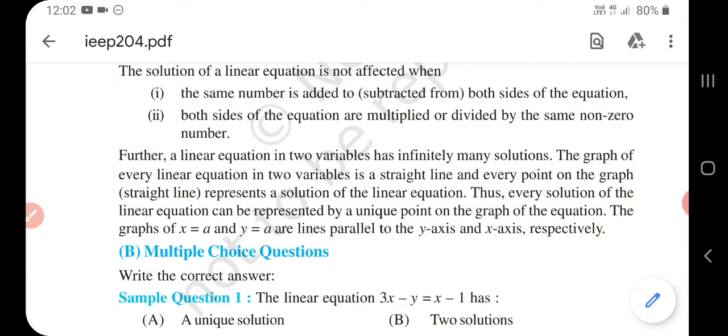Put an arbitrary value of x or y in the given equation. It reduces to a linear equation in one variable. We convert it to one variable and find the corresponding value of the other variable. Thus we get one pair of solution of the given equation.